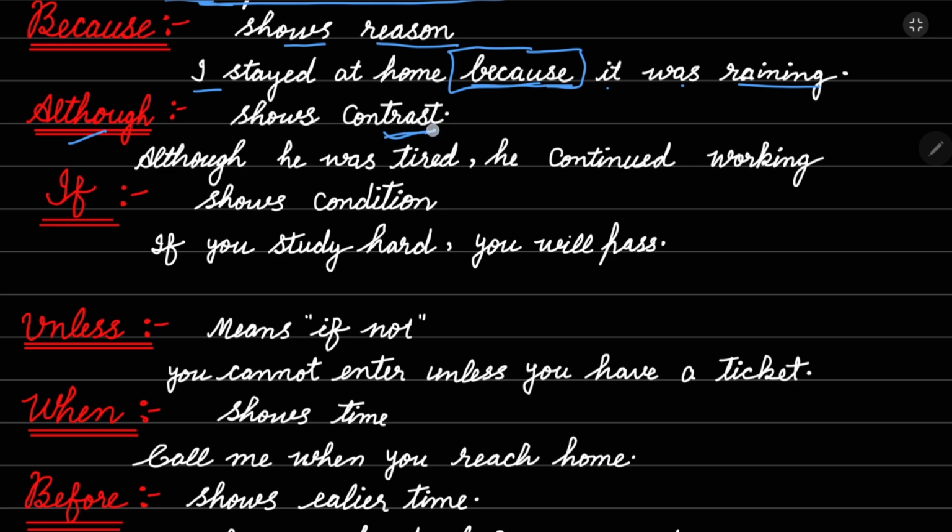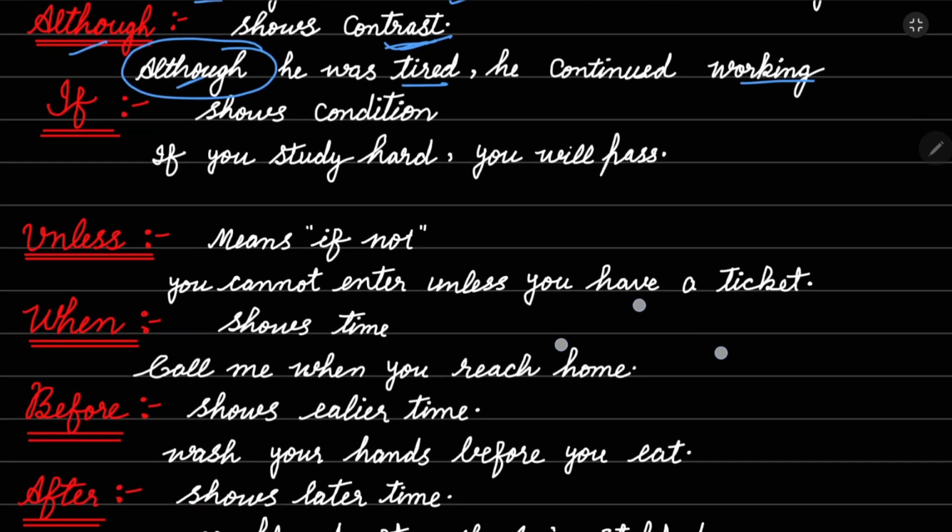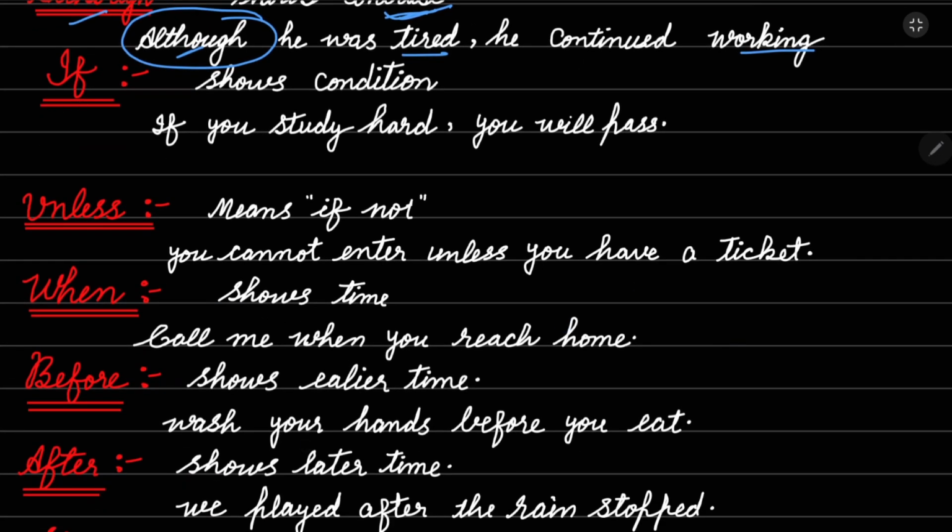Next is although. Although shows contrast. Although he was tired, he continued working. Although he was tired means he was not able to do any work, but he did. Next is if. If shows condition.